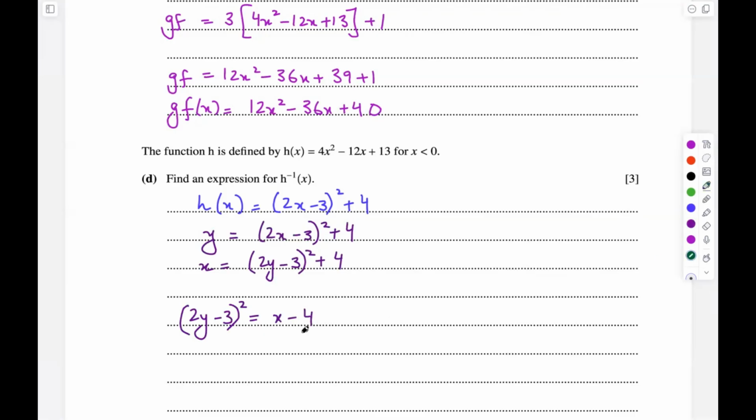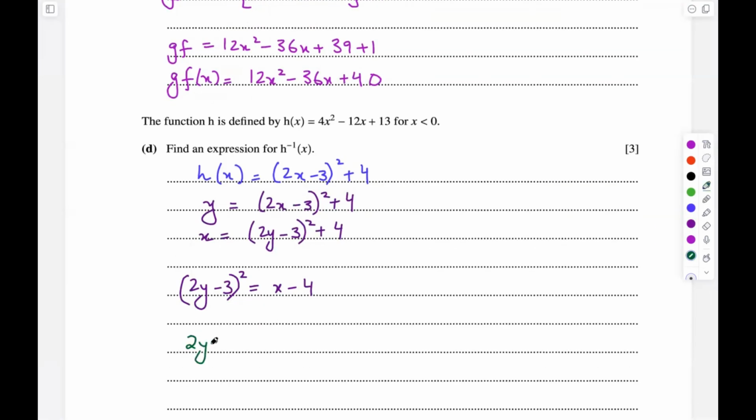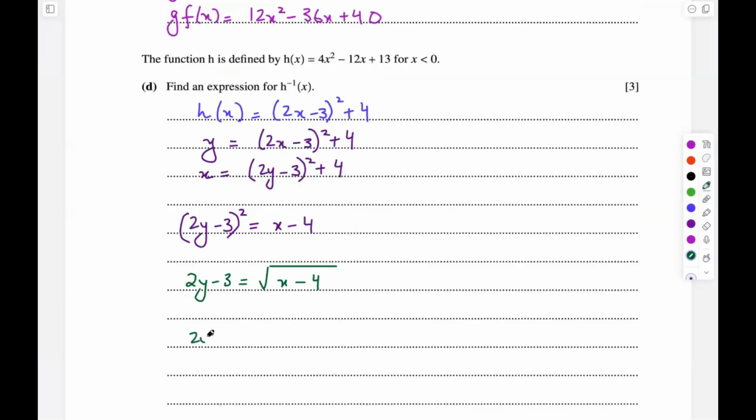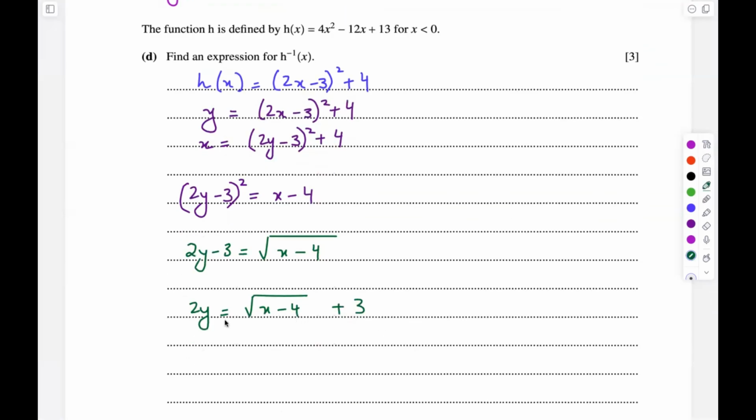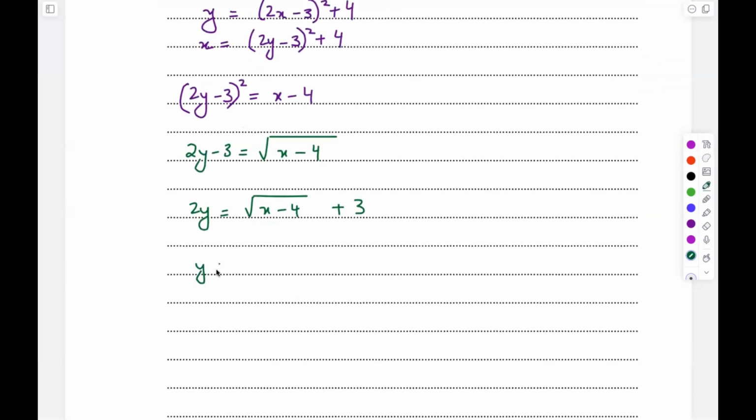Now taking the square root on both sides, this will become 2y minus 3 is equal to square root of x minus 4. Now taking the 3 on the right hand side, this will become square root of x minus 4 plus 3. And finally, we'll divide the whole expression by 2. So y will be equal to square root of x minus 4 plus 3, upon 2.